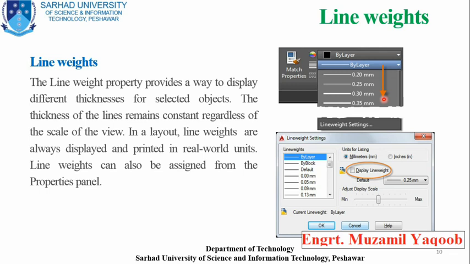In layout, line weights are always displayed and printed in real world units. Over here you can see the different settings of line weights according to real world units, and line weights can also be assigned from the properties panel. These two functions are very important and most commonly used.